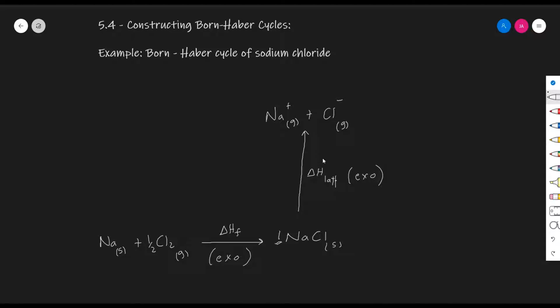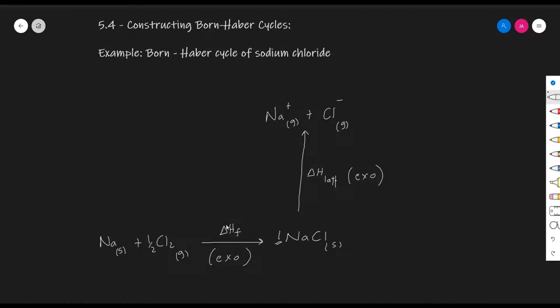According to the lattice enthalpy definition, which is the breaking of an ionic solid, the arrow would point from the ionic solid towards its constituent gaseous ions, as displayed over here. The first thing to do is to always list your ionic solid, draw the lattice enthalpy arrow and place its constituent ions. These ions should always be balanced with the number of ions in the formula over here.